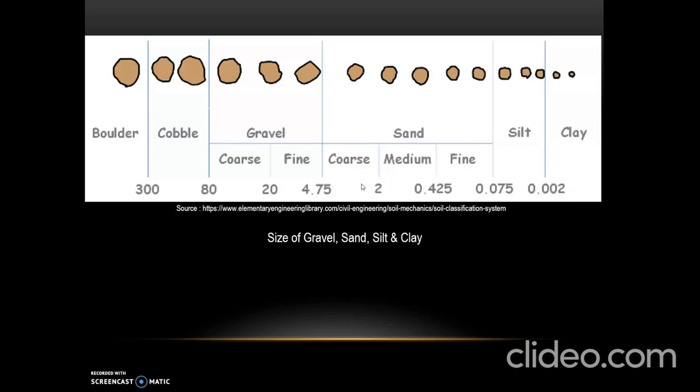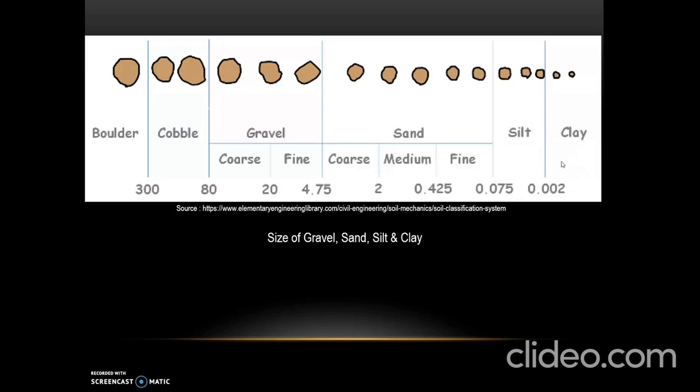The sand is referred to as coarse sand if the size varies from 2 to 4.75 mm. It is referred to as medium sand if the size varies from 0.425 to 2 mm. And the sand is referred to as fine sand if the size varies from 0.075 mm to 0.425 mm. If the particle size is between 0.002 and 0.075 mm, then it is referred to as silt.